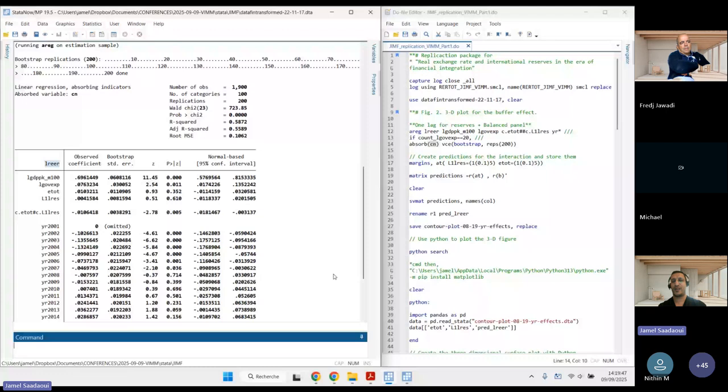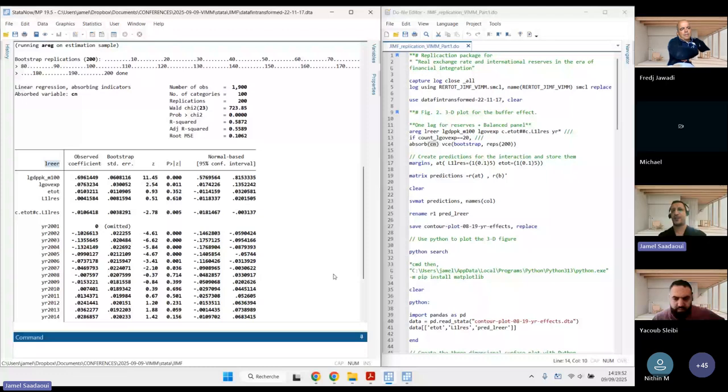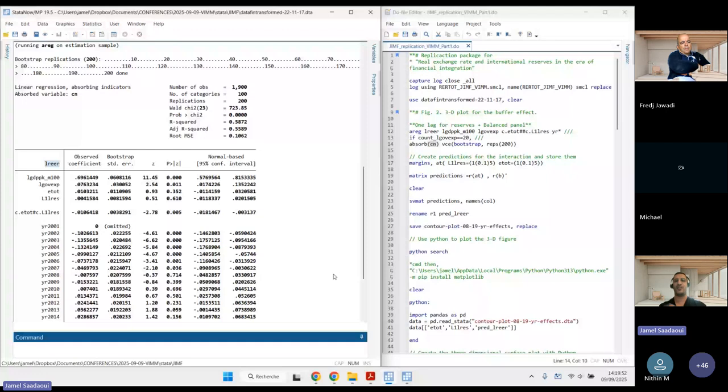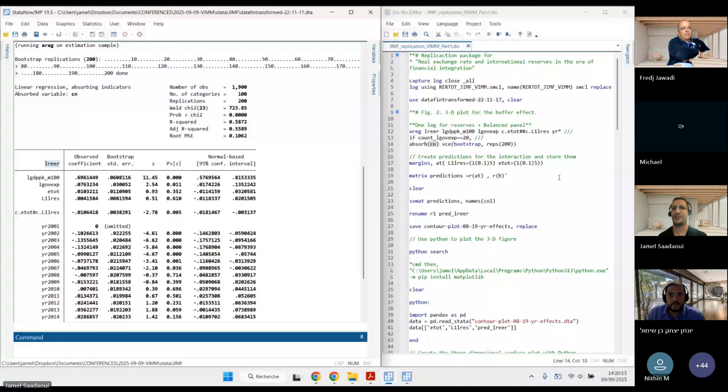For example, with xtreg you can include a fixed effect, but with areg you can include an individual fixed effect and a time fixed effect. If you have trade data, you can include a sectoral fixed effect. You can include a lot of high dimensional fixed effects. But if you use xtreg, you will have the same result. I hope I answered the question. Yeah. Thank you very much.